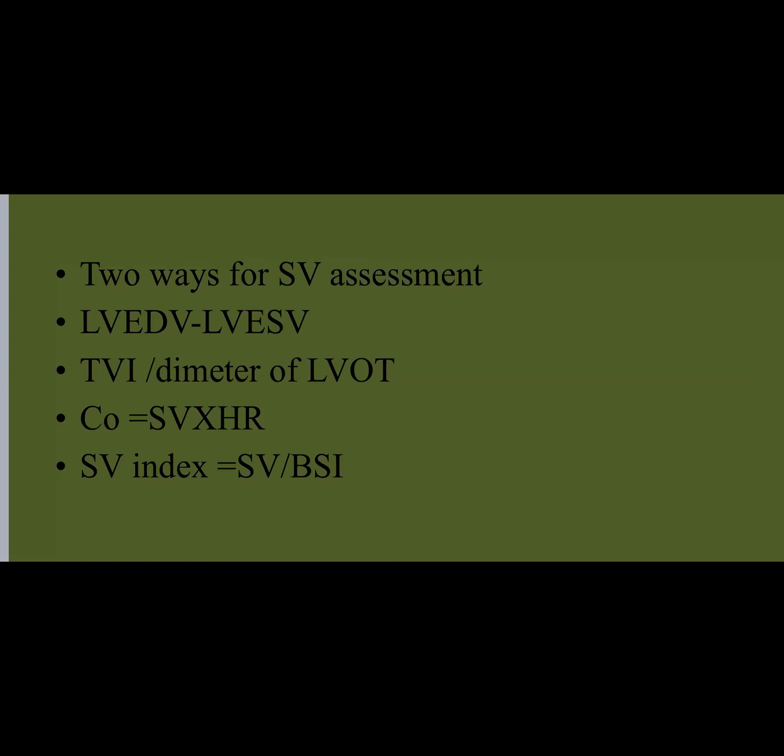So we calculate the stroke volume. If we find it less than 35 ml per meter square, it means this low flow across the aortic valve does not reflect the severity of aortic stenosis because it's low flow. So we have to look for other measures for quantification of severity. Okay, so the stroke volume, the cardiac output, and the stroke volume index are important measurements that have to be included in echo.